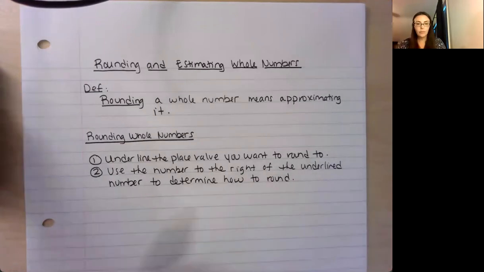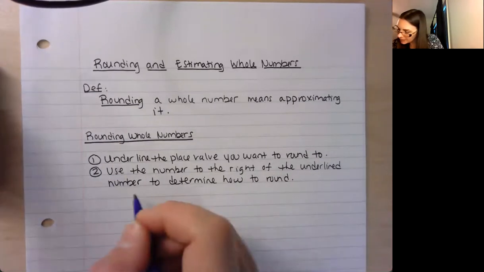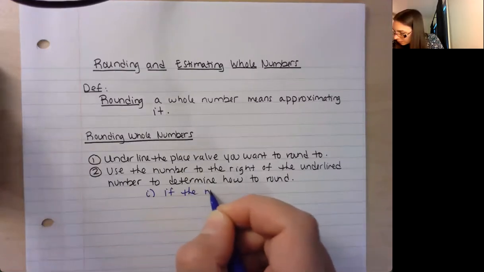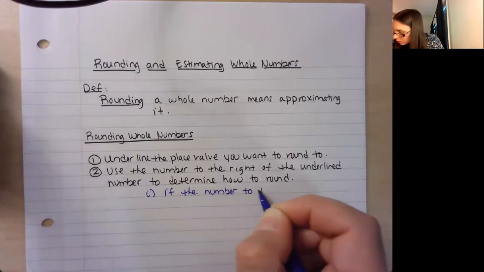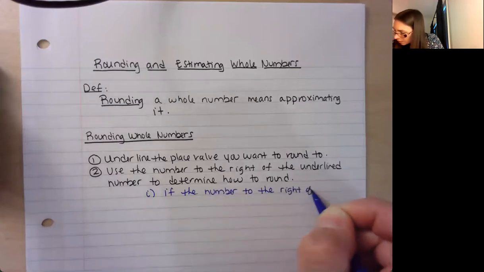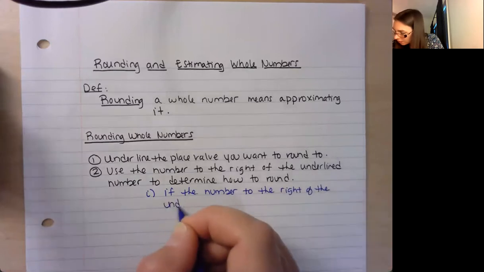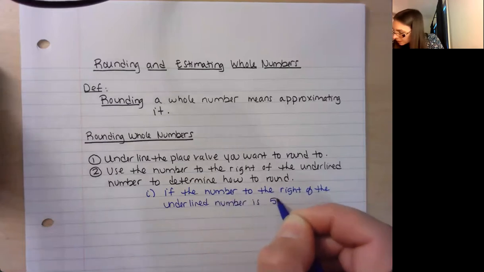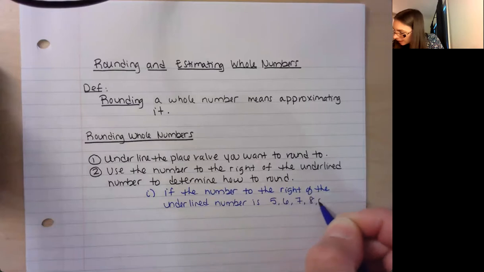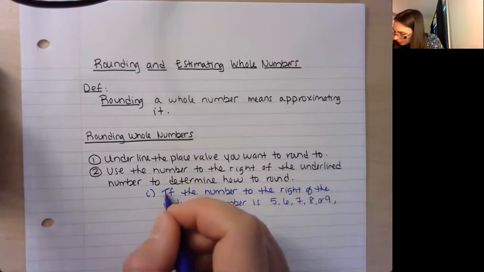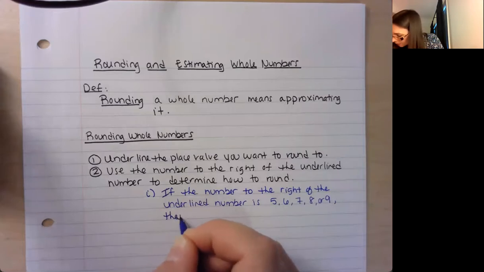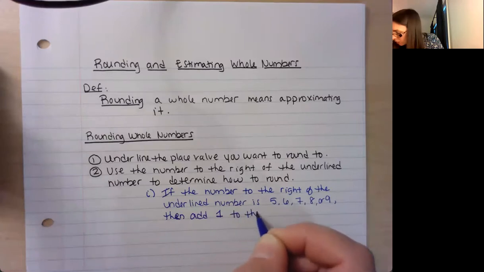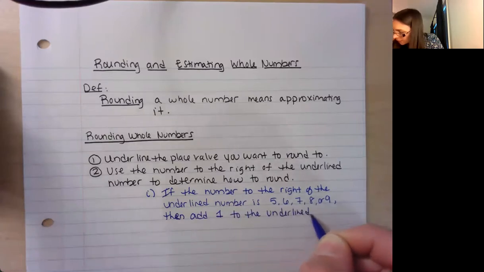Okay, so what happens is if the number to the right of the underlined number or digit is 5, 6, 7, 8, or 9, then add 1 to the underlined number.